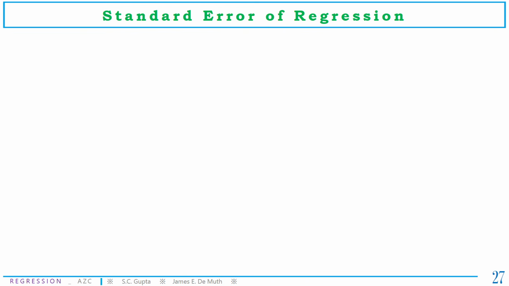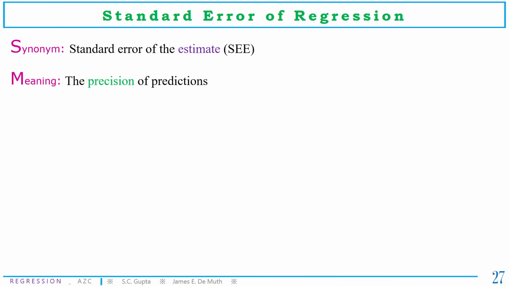Standard error of regression. Synonym is standard error of the estimate. The precision of predictions.